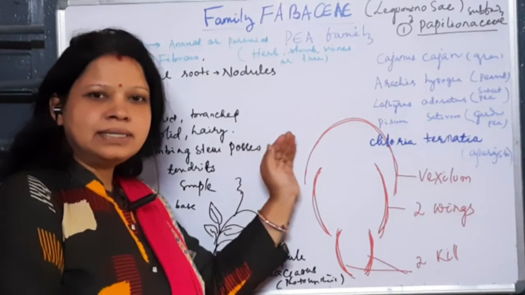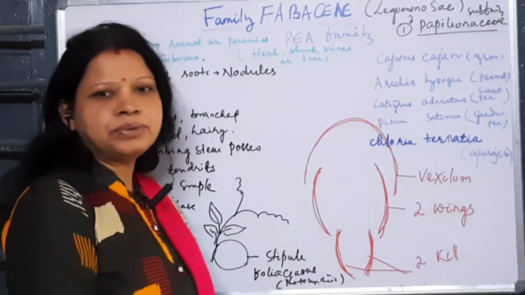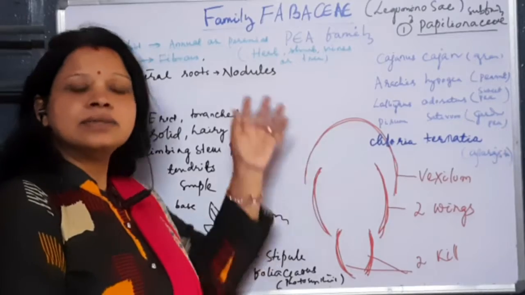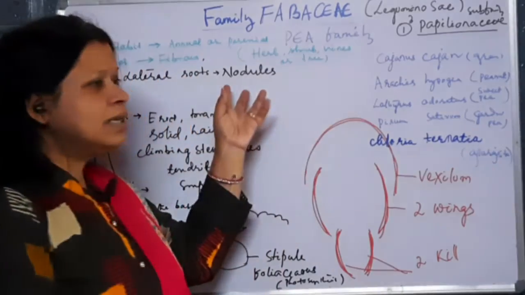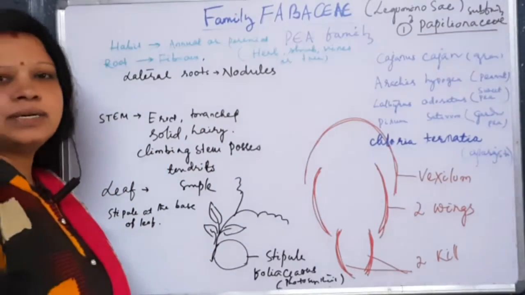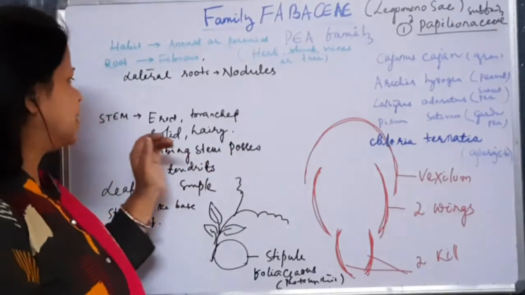All these plants have root nodules, and these root nodules help in nitrogen fixation. The bacteria Rhizobium leguminosarum is mostly symbiotically associated with these roots, and it helps in nitrogen fixation.